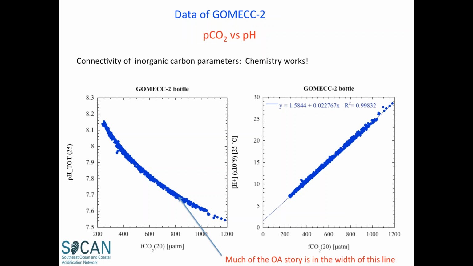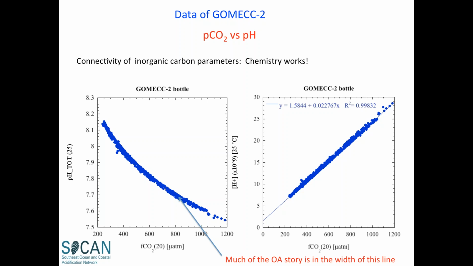And we see a very strong correlation between the two, which is the more important thing to remember: the CO2 and pH are very closely related. And on the right-hand side, to make it even better, if we get away from this crazy minus log scale and just plot concentrations, we can see that the partial pressure of CO2 is linearly related to the hydrogen ion concentration.